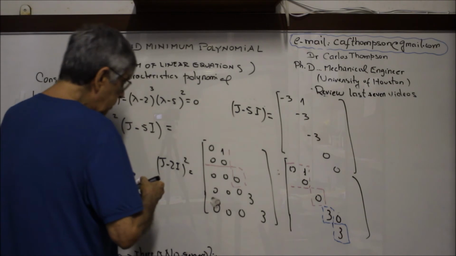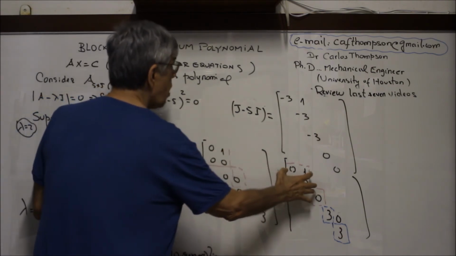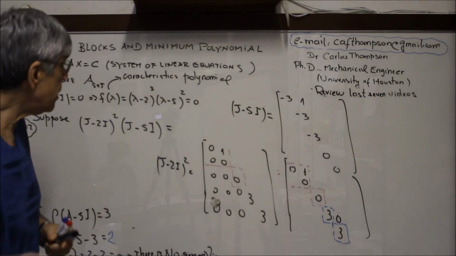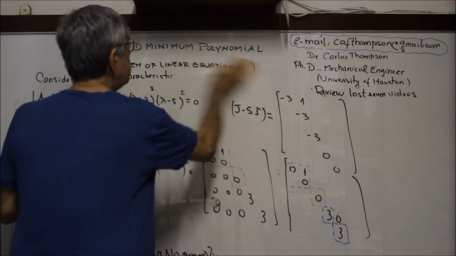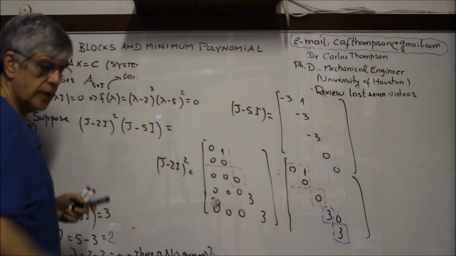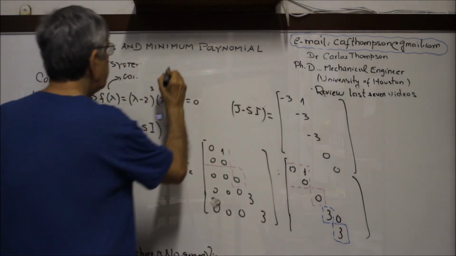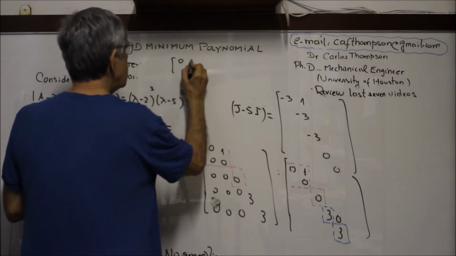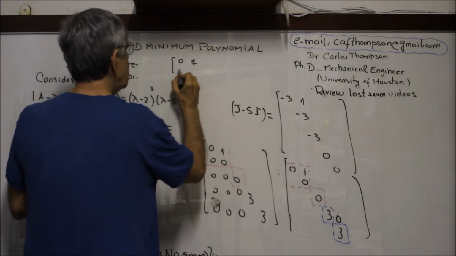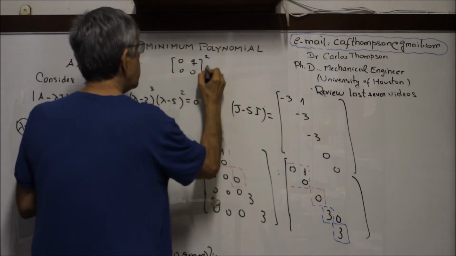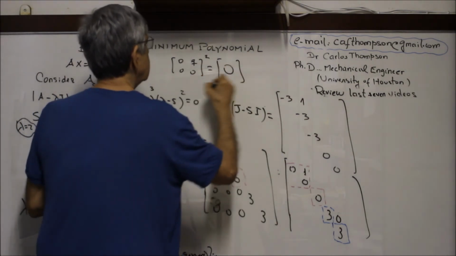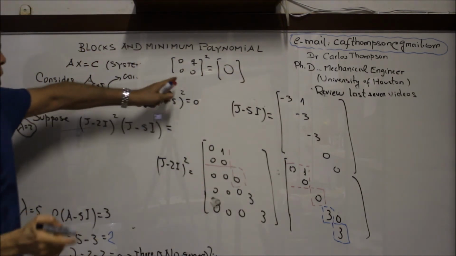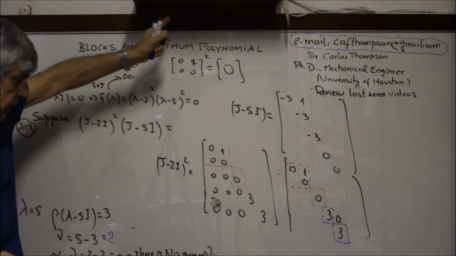Now, when I multiply this block times this block, do you remember when I started this video, I had the matrix 0, q, 0, 0, squared, this equals 0? Remember that? If you don't, just do it this way, very easy.